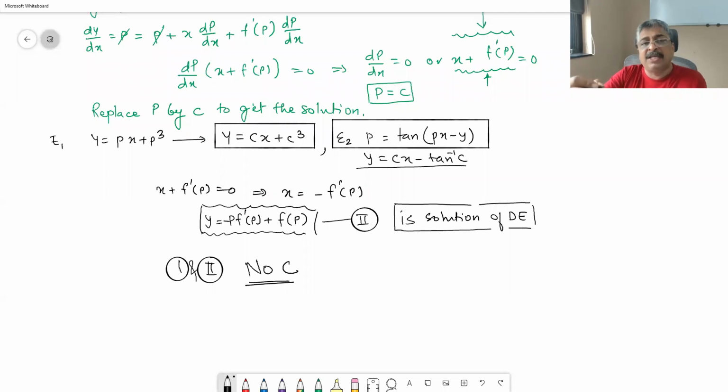We will assume that these two functions simultaneously will give us the solution of the differential equation, but there is no c, and because there is no constant of integration, it is not a general solution, or it is not a family of solutions. It is a one of a kind solution that you have got. Because of this second factor that we got here, we have got a one of a kind solution, and it's called singular solution.